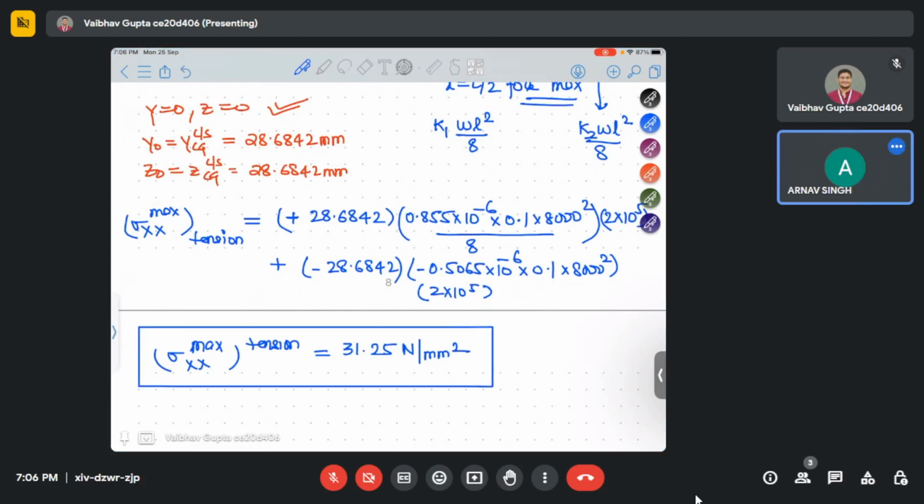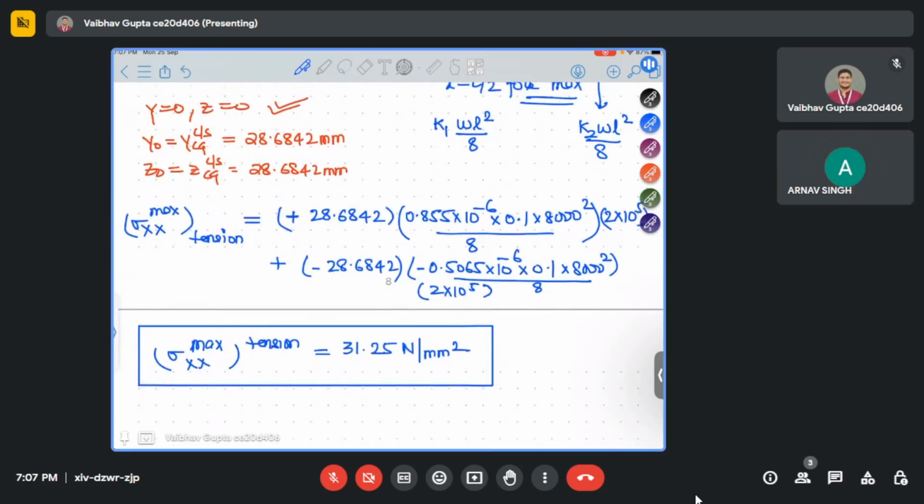Where? ए प्लस के बाद ये लास्ट 0.5065 into 10 to the power minus 6 into 0.1 into 8000 square by 8, हाँ, divide by 8 also. Yes, sir. आपने वही बोला. Typo mistake, yeah. Divide by 8. Good. Okay, you have to put the values. So till now, any doubt in this thing? No, sir. So this is all they will ask you in the question.